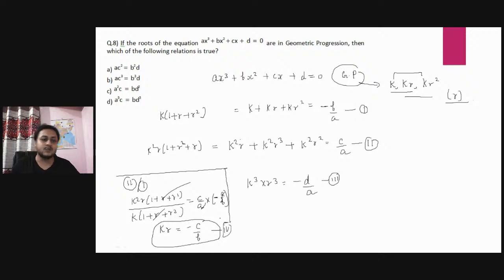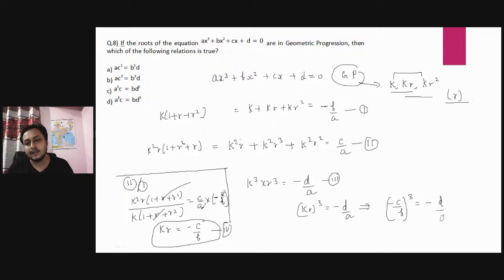So guys, put this value of kr in the third equation, right? This is kr whole cube equals to minus d by a. When you put the value of kr, which is minus c by b, whole cube equals to minus d by a.